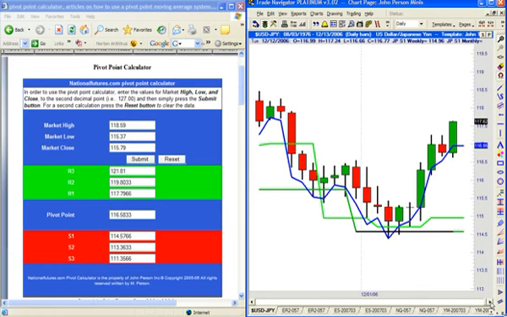So when you're looking at the monthly numbers for November, they're good for the next following month. That's why we call it one of the best predictive tools, because it deals with a specific time frame and specific points of interest, namely the high, the low, and the close of that given time frame.